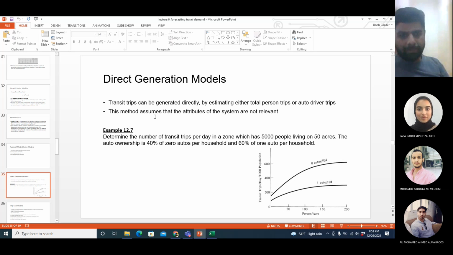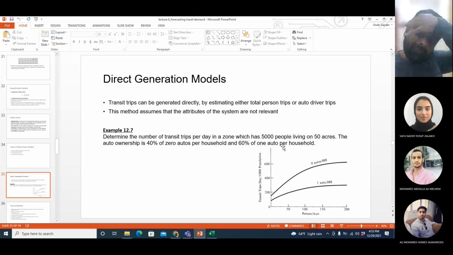So for example, if you have to find out the number of transit trips per day in a zone which has 5,000 people living on 50 acres, the auto ownership is 40%. 40% people have no cars and 60% have 1 car per household.